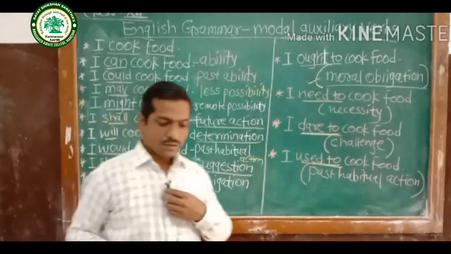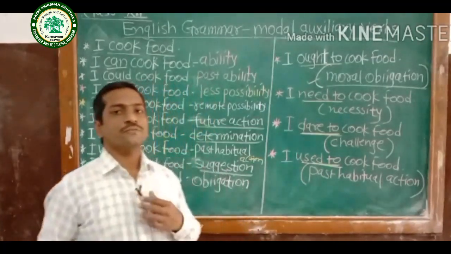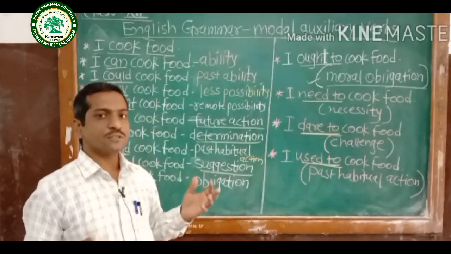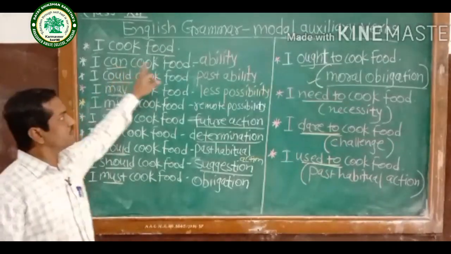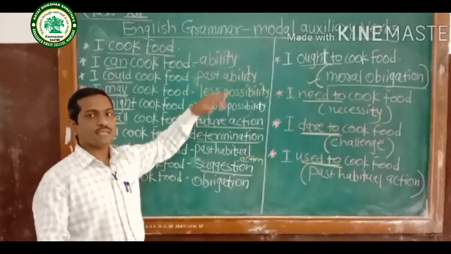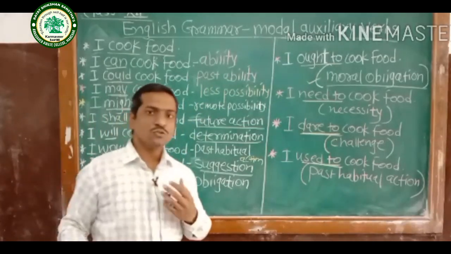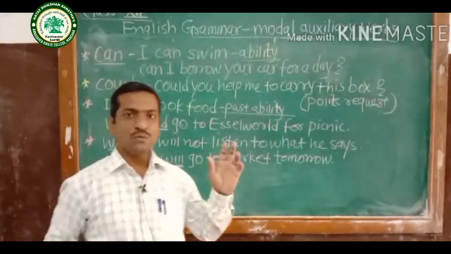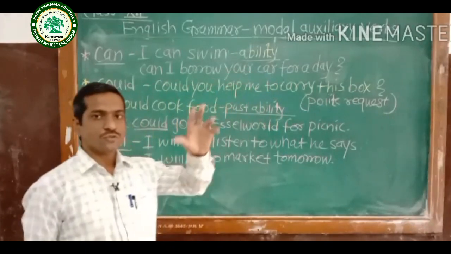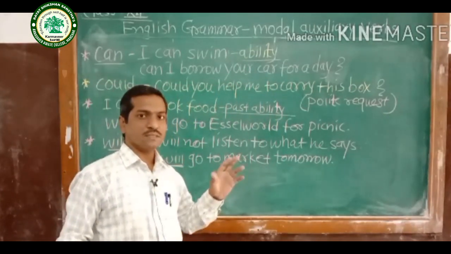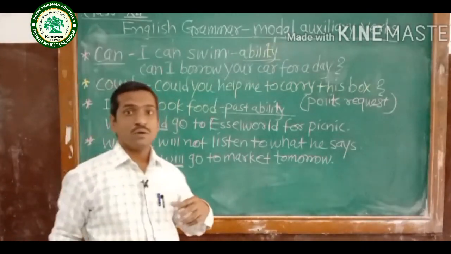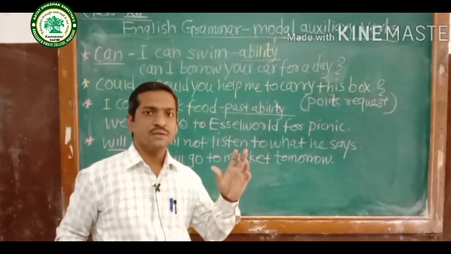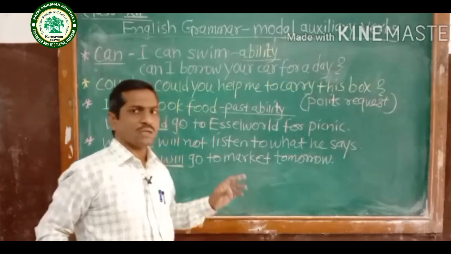We will see the various functions, because, for example, can does not have only one function, it has several functions. Let us see those several functions. We already know the uses of modal auxiliaries in a sentence. Now each and every modal auxiliary has several functions. Let us see what they are.